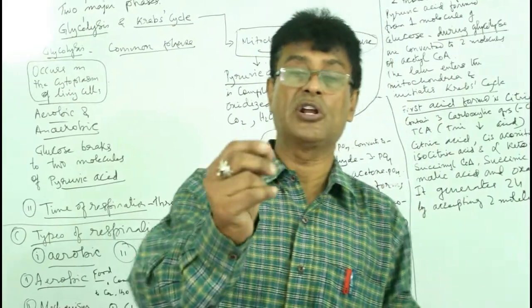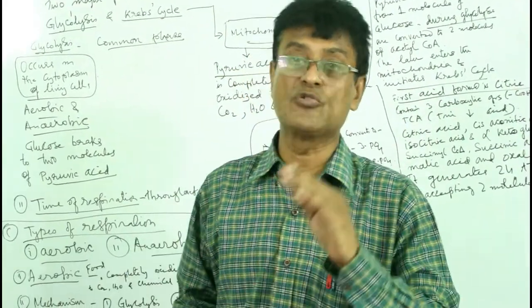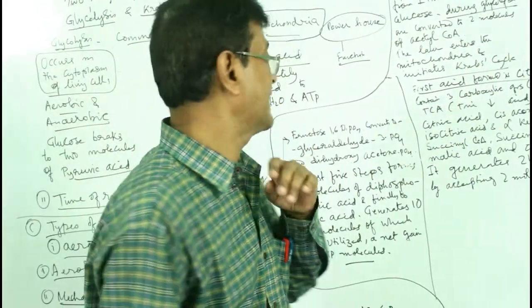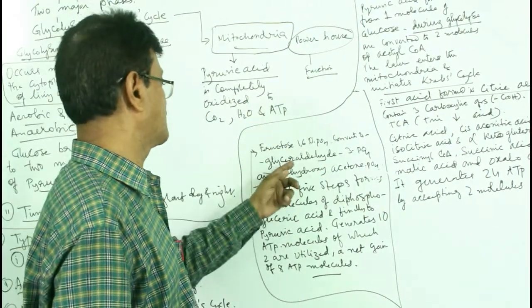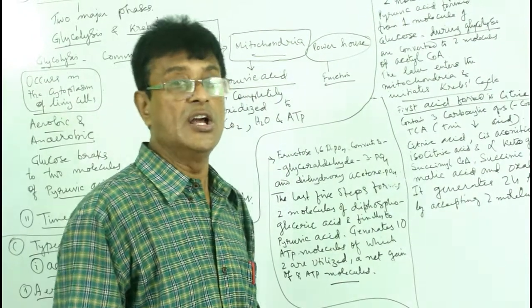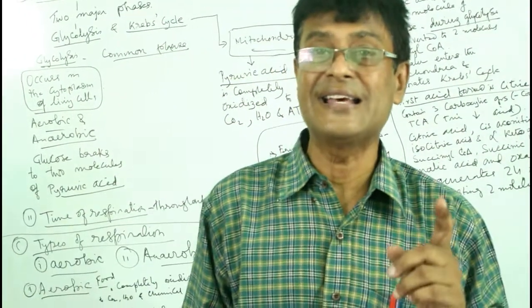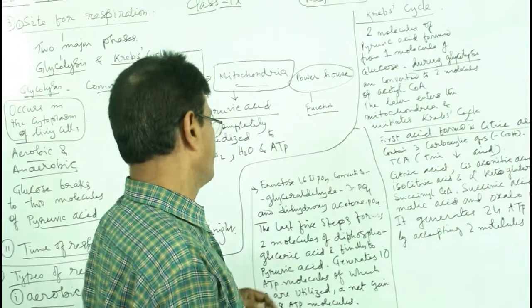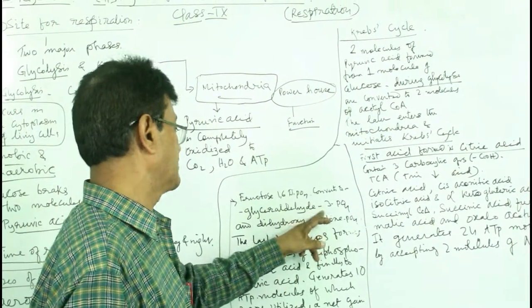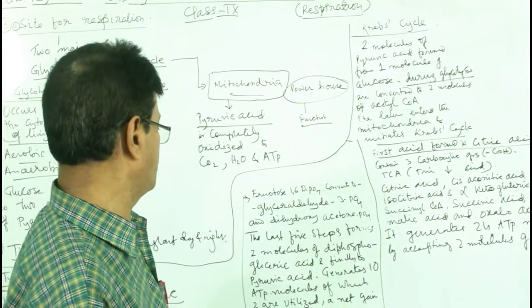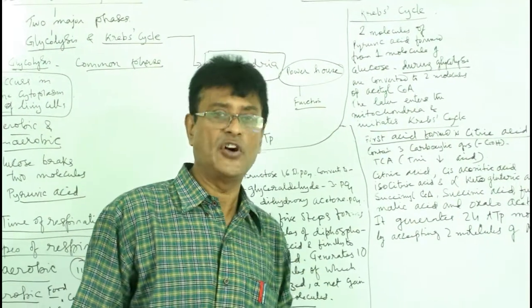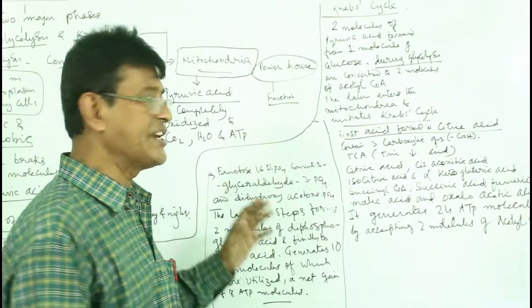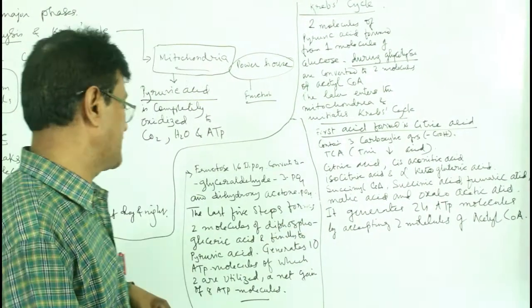Then the fructose 1,6-diphosphate converts to glyceraldehyde 3-phosphate and dihydroxyacetone phosphate.